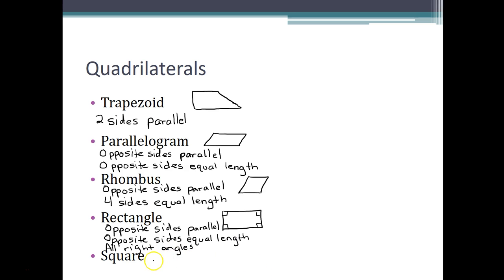And then finally you got your square. Not only has four right angles, but also all four sides are the same length. So opposite sides are parallel. All four sides equal.